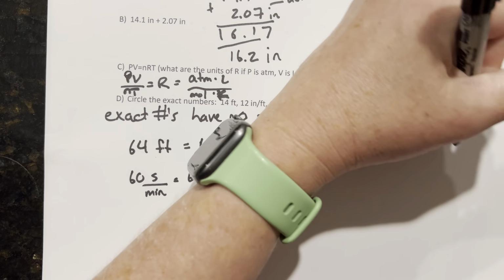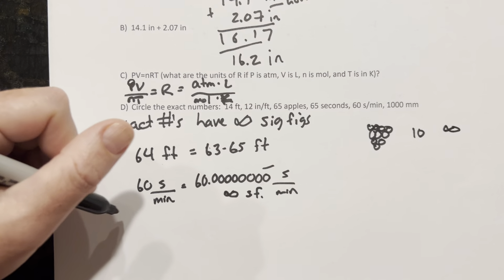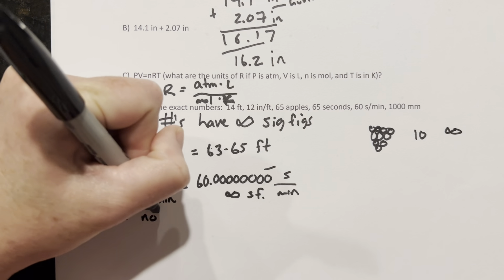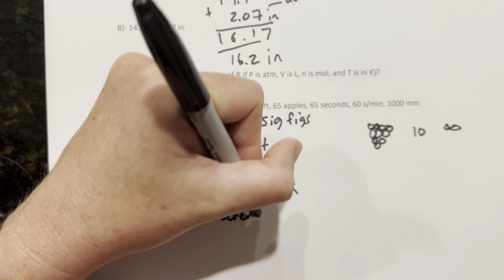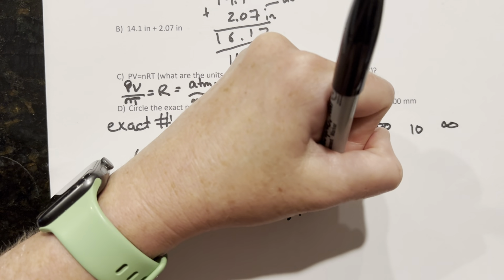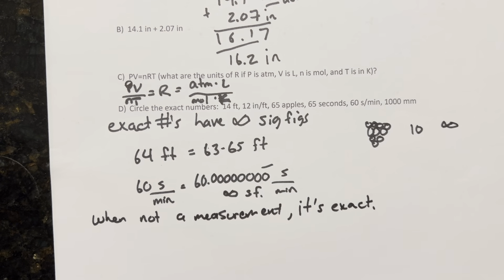You ate exactly 10. So when it's not a measurement, it's exact. When you're not using a number to measure something, it's going to be an exact number.